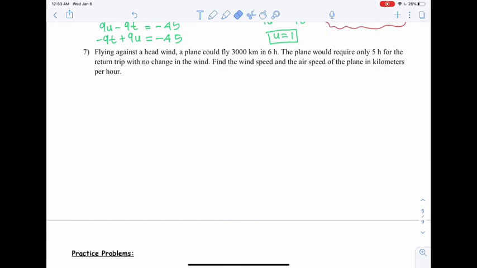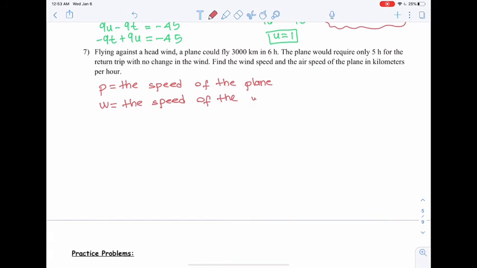Okay, let's read the question on our own, and then let's start writing our variables. We are going to use the distance formula.